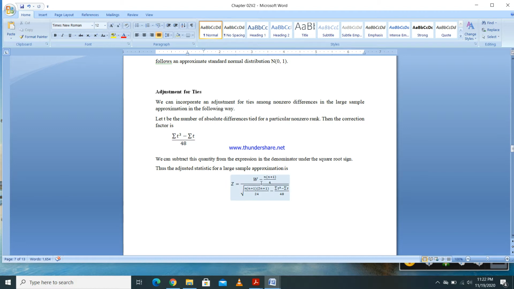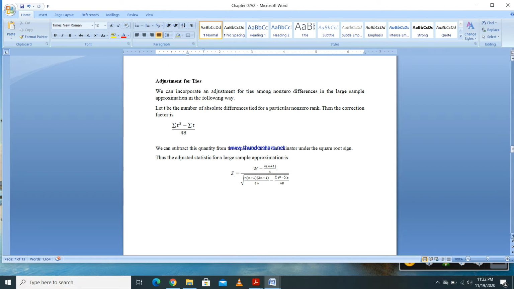You can see n times n plus 1 over 4, that is the mean value under the Wilcoxon Sign rank test. So we subtract the mean, and when you divide by the standard deviation, in your denominator you have this t cubed minus t, that is the adjustment for the tied values. You have to incorporate that if you have tied values in your data set.